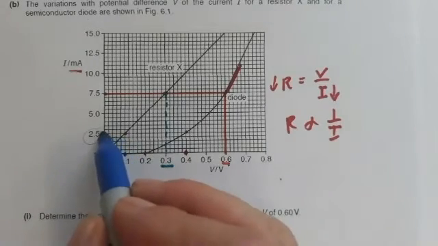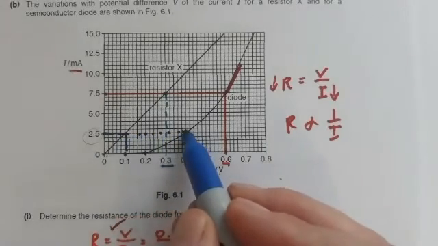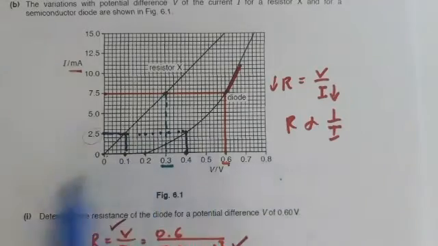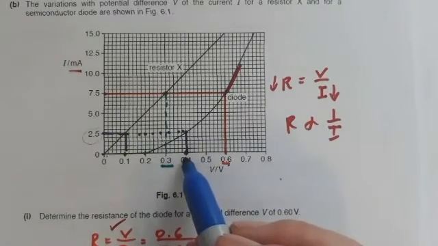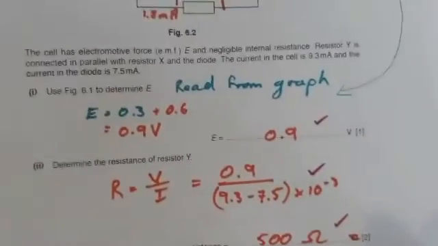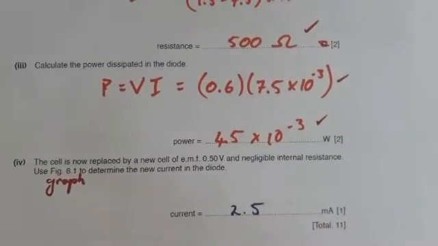So it's only by inspection that you could have done this calculation, knowing that the potential difference over my diode plus the potential difference over X would give me my total EMF. I don't know if you used a different method, but 2.5 milliampere is my answer.